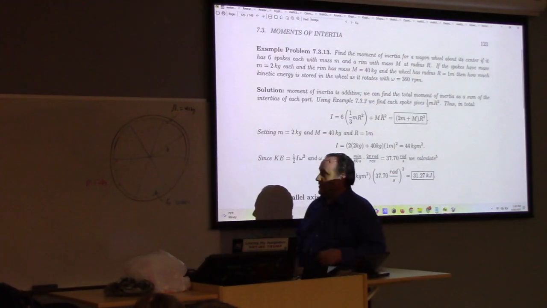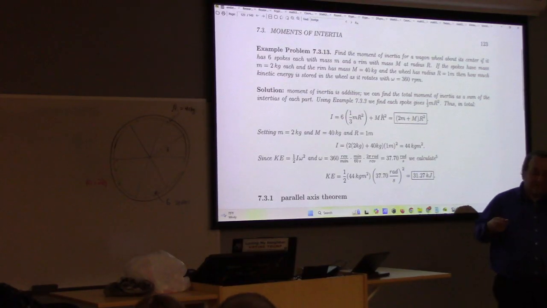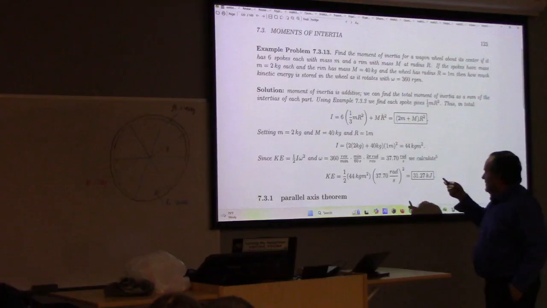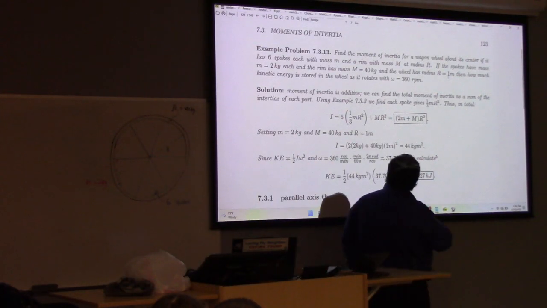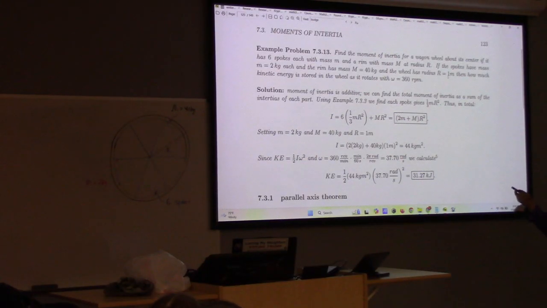The point is the total moment of inertia for such a wheel, we can get by adding the moment of inertia for the rim. The moment of inertia for the rim, which is easy, is mr squared, right? Because that's all distance r from the rotation. So it gives us the mr squared term for the rim.